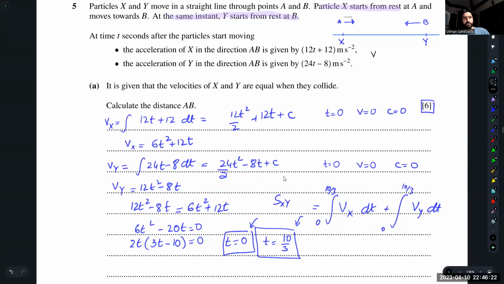Velocity of A is going to go in this direction alone. B इधर जाके फिर मुड़ा है, जहां पे ये कोलाइड किए ना उस पे दोनों की वेलोसिटी सेम बोल रहा है. लाइक मुड़ा है नहीं मुड़ा, how would we know कि it turns? How do we know कि y turns?